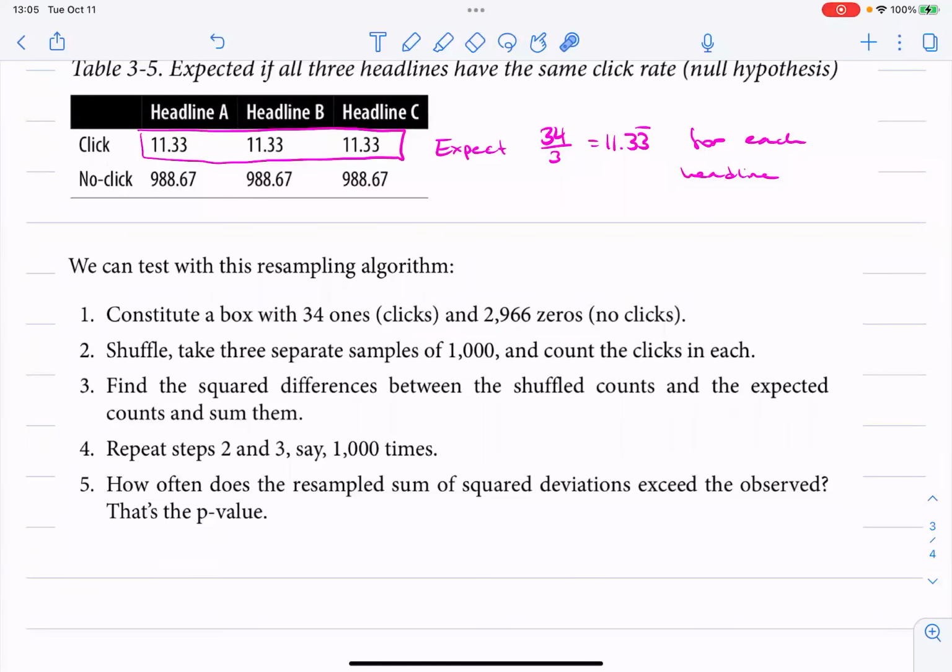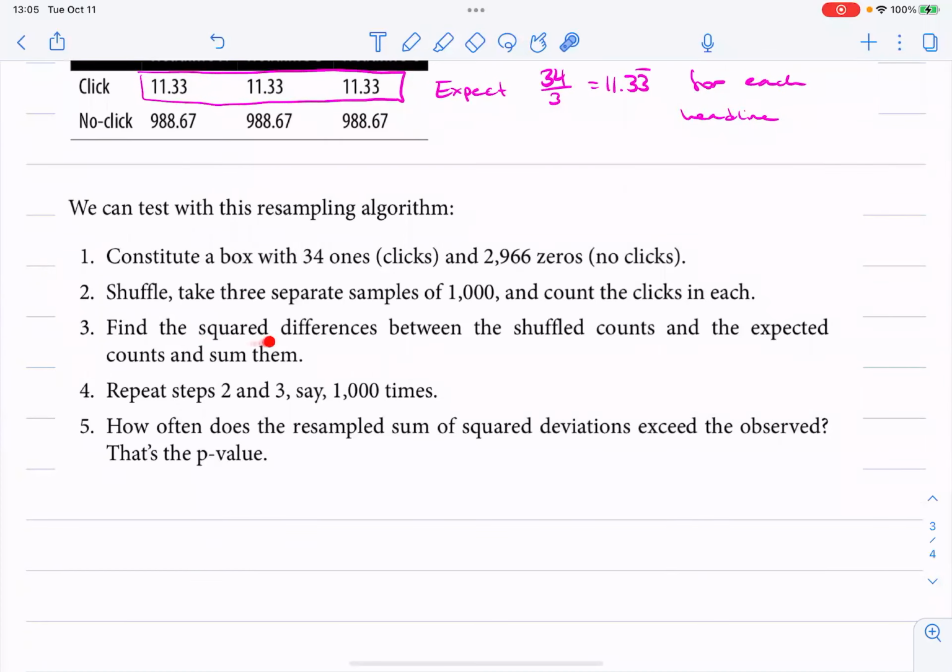So I'm basically regenerating my data, but randomly, with the same constitution. Then I find the chi-squared test statistic: the squared differences between the shuffled counts and the expected counts, and then I sum them.